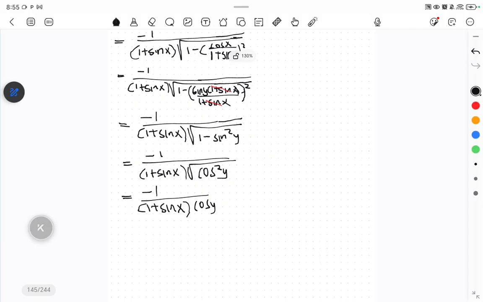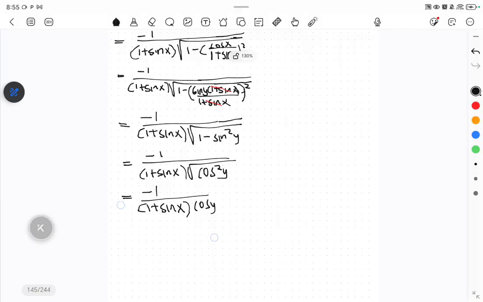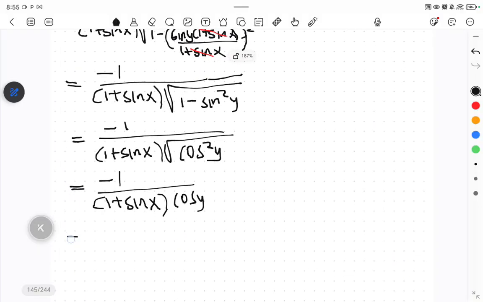Then we can see the cos. Sin x, let me see, 1 plus sin x is equal to cos x over sin y. Let me see, so 1 equals 2. Is it like this? Let me check.